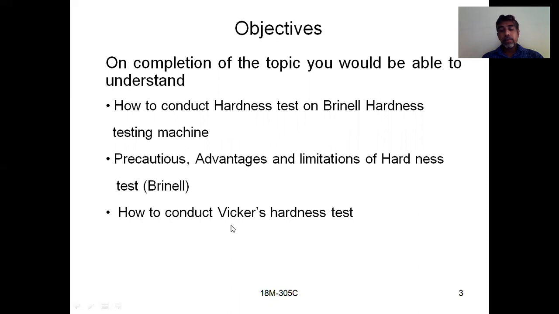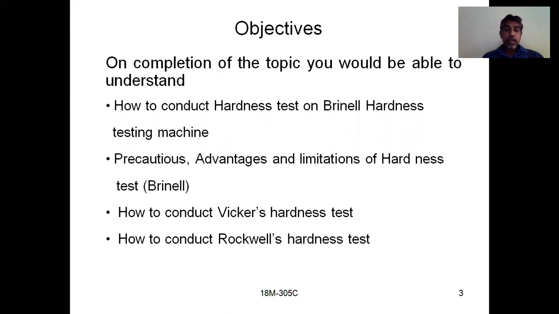Then we will discuss the second type of hardness testing machine, that is the Vickers hardness test, and how to conduct a Rockwell hardness test. These things we will discuss in this session.